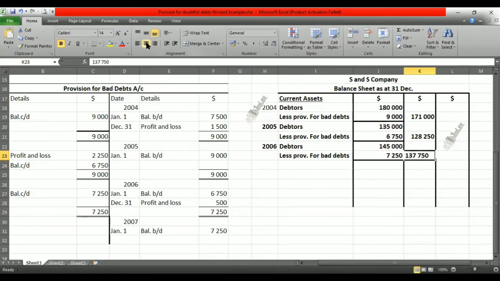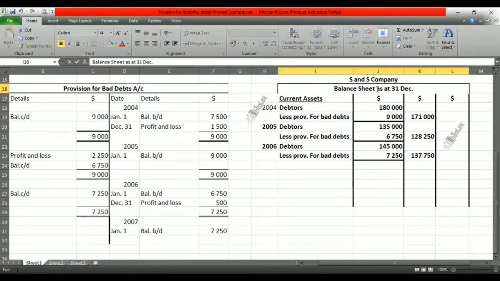So here we are now at the end of the question that we were looking at, 2003, question 3B, provision for doubtful debt. You are required to show the provision for bad debts account and the balance sheet extract for the 3 years.